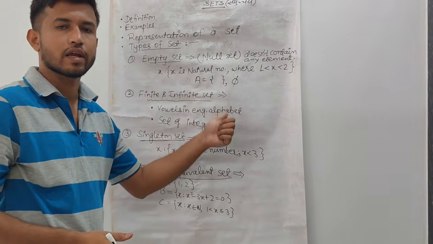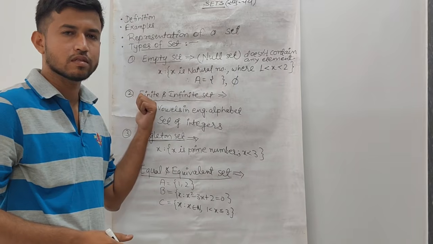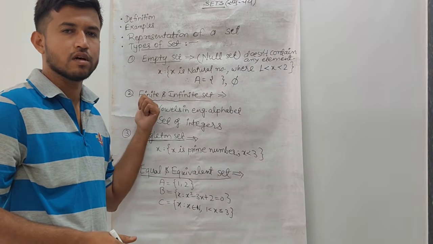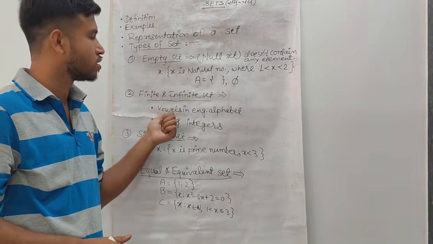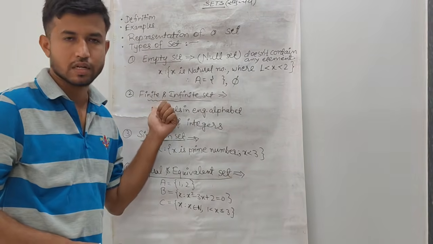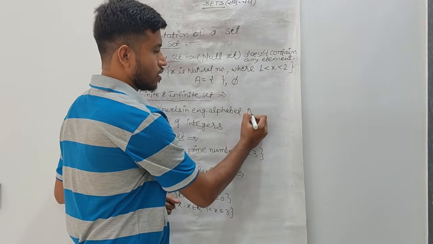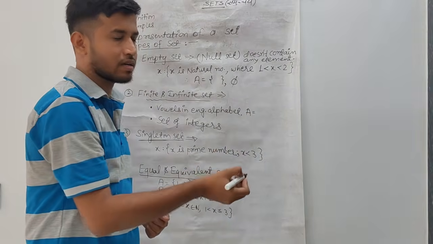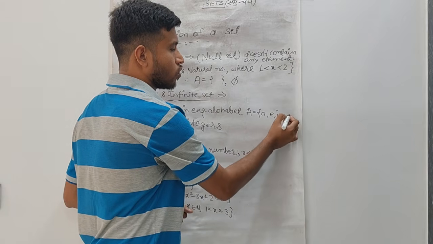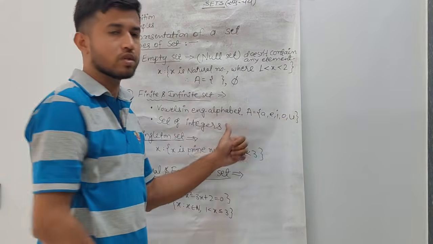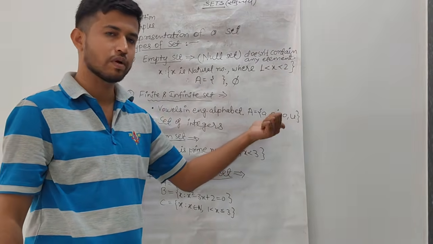Now we will move on to the next. Second, finite and infinite sets. What does it mean? Finite is a fixed set of numbers and infinite means an infinite set of numbers. We will understand this by example also. Vowels in the English alphabet: we can make a set like A, E, I, O, U. This is called a finite set because it has a finite number of elements.